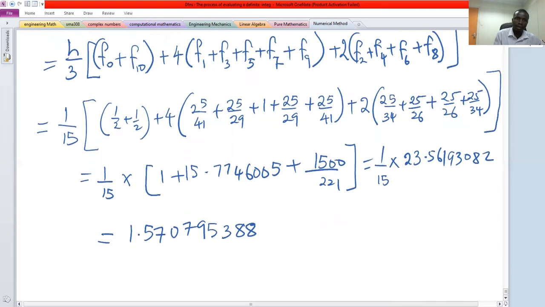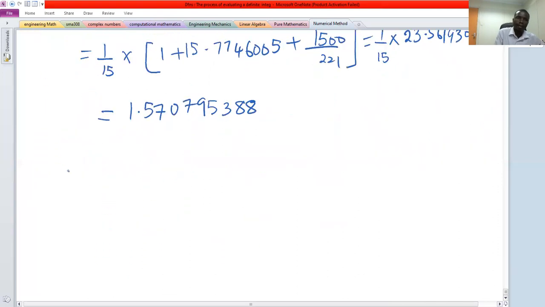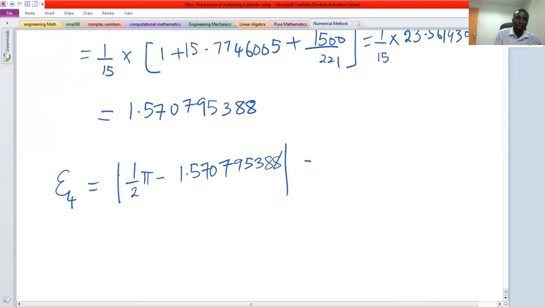And then error, let's call it E4, will be half pi minus this approximation. That will give us 9.3901211 times 10 raised to minus 7.